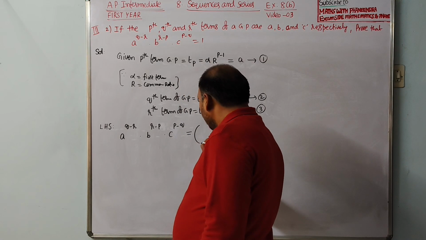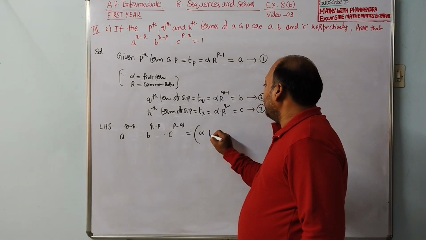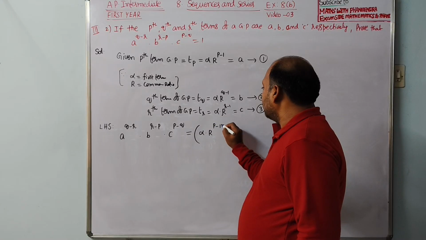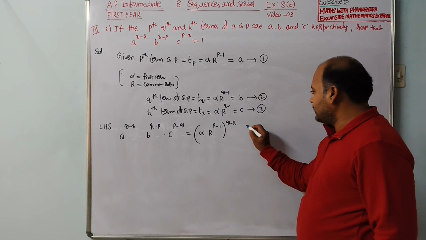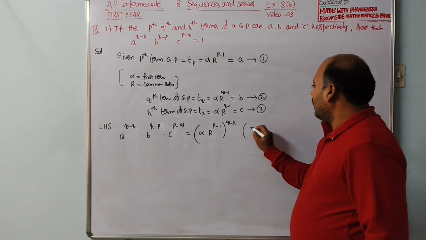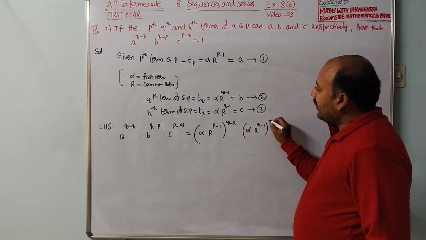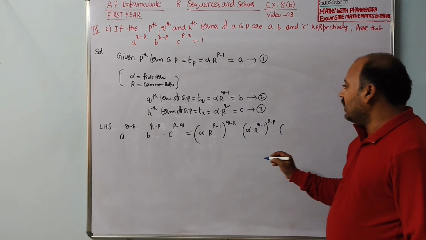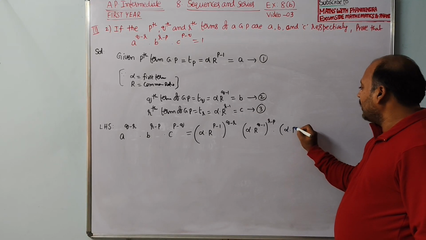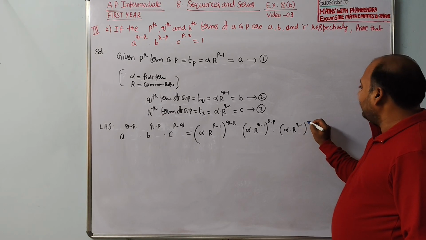So that is equal to, what is a value here? This one, no? So alpha into capital R power p minus 1 whole power q minus r. Next, b, alpha into R power q minus 1 whole power r minus p. Next, c value, alpha into capital R power r minus 1 whole power p minus q.